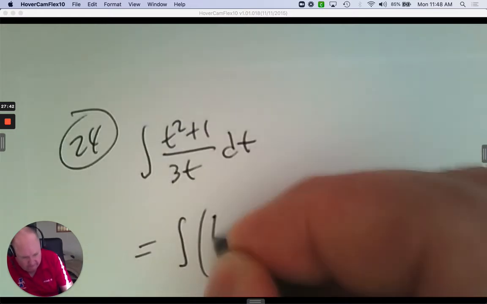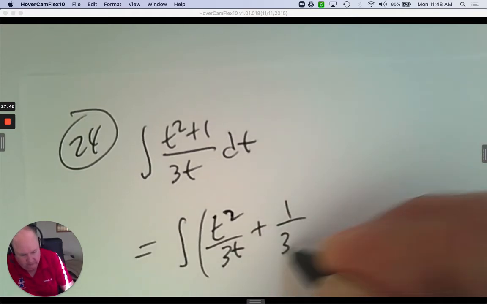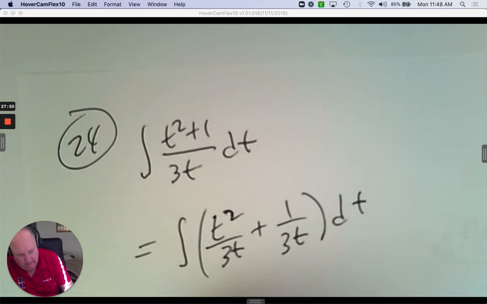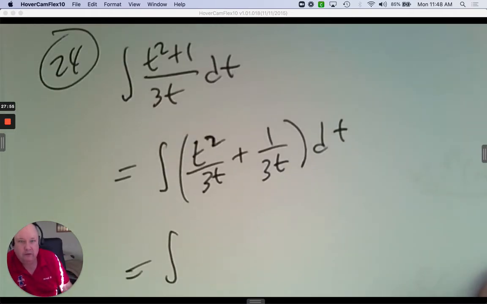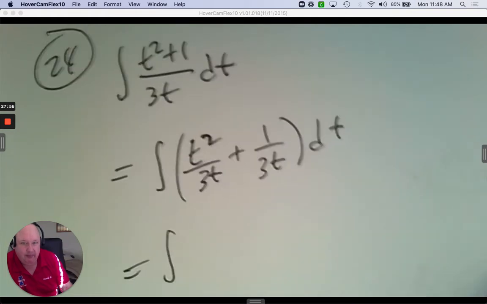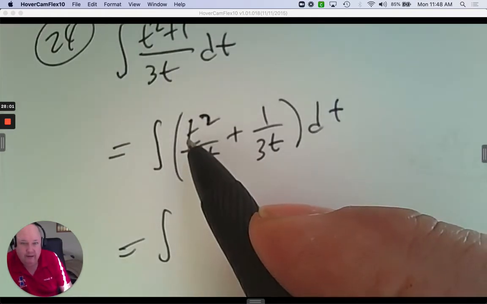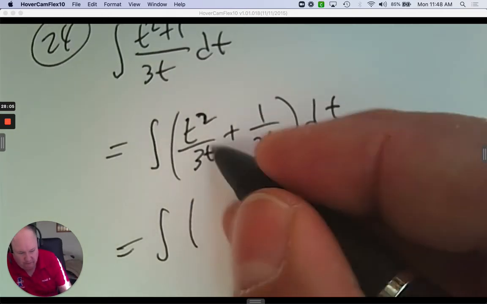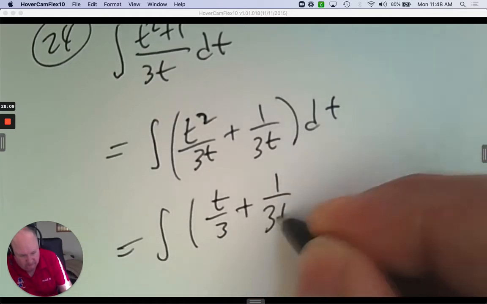So I'm going to write it as t squared over 3t plus 1 over 3t. And then I'm going to simplify it. So t squared over 3t simplifies to t over 3. And this is 1 over 3t.